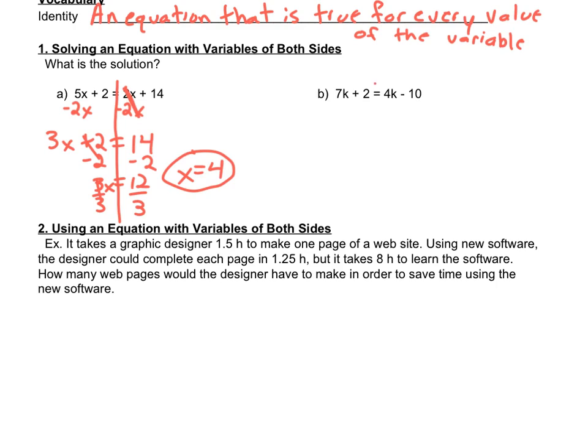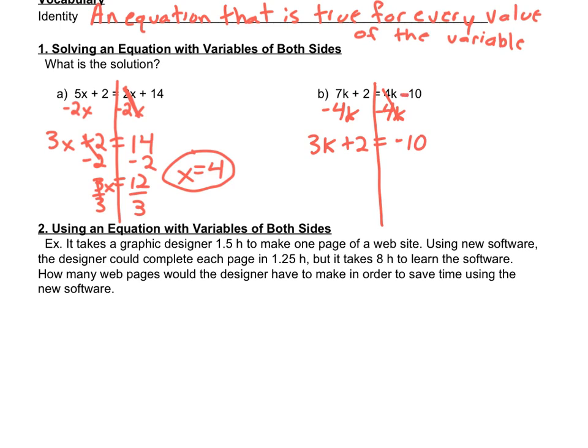So for part B, I'm going to draw my line just to distinguish the sides of the equation, and then I'm going to think about either moving 4k to the other side or moving 7k to the other side. So I'm going to move 4k to the other side by subtracting 4k from both sides. So this becomes 3k plus 2 equals, and what's left on this side is negative 10.